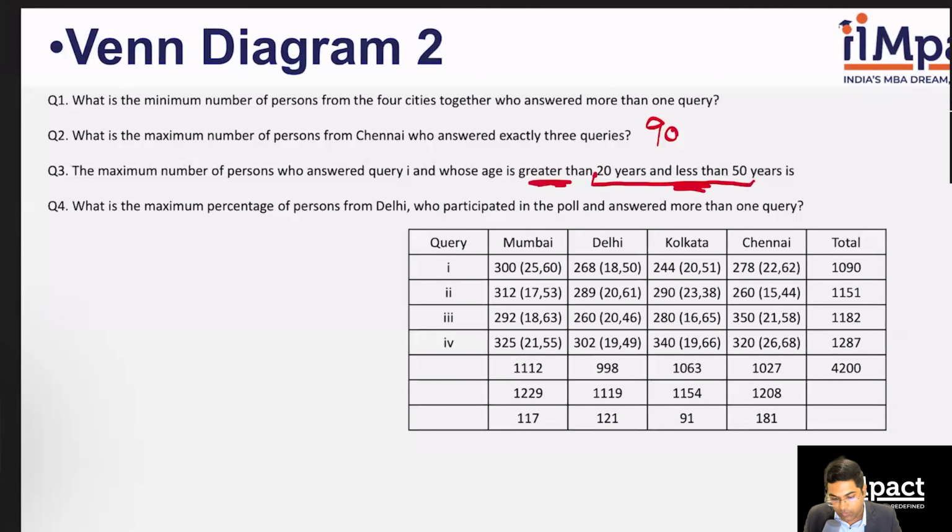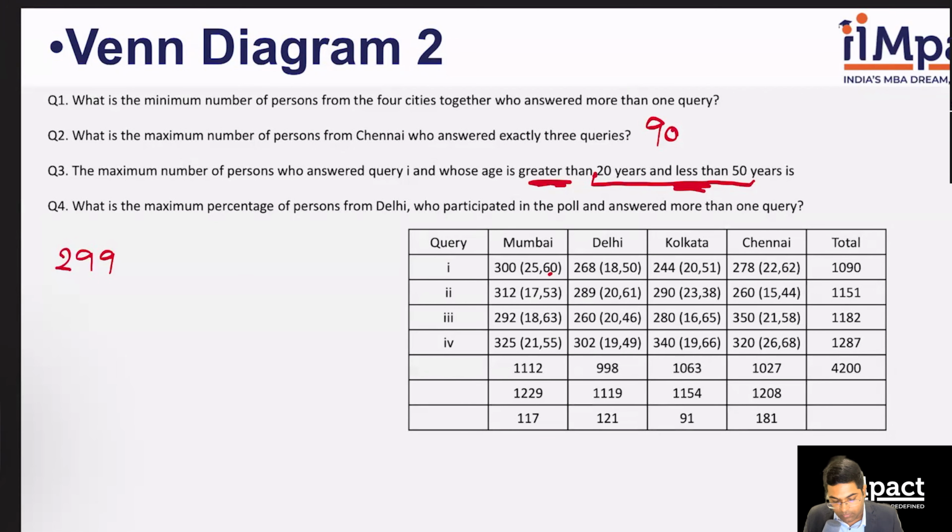Please don't make this mistake, okay? So here I have one person, I will give it to 60, okay? The rest 299 will satisfy my condition of being between 20 and 50 and answering query number 1. Okay, because I'm trying to maximize, we will take hypothetical extremes. Is everybody with me?